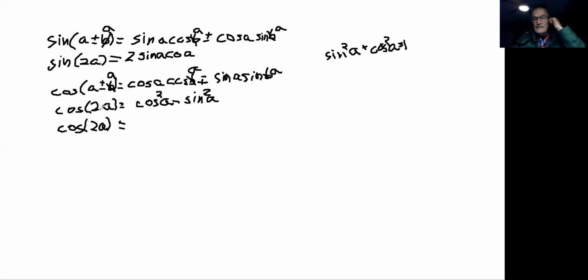If I replace cosine squared with 1 minus sine squared, this formula becomes 1 minus 2 sine squared A.